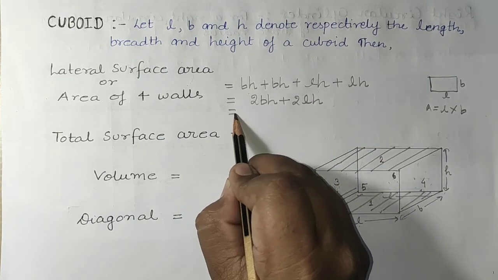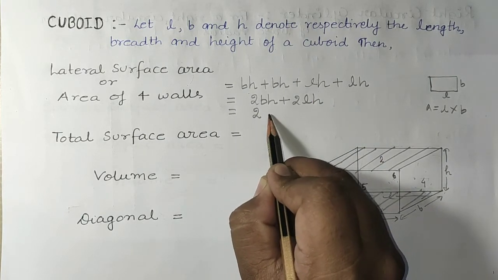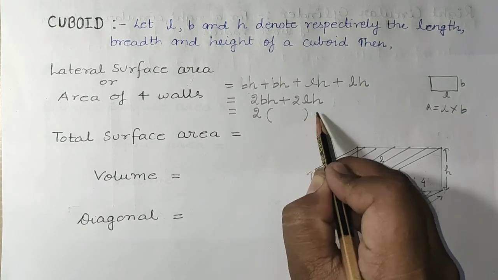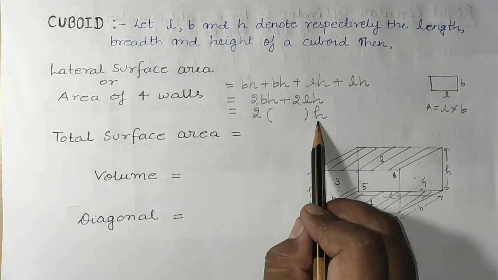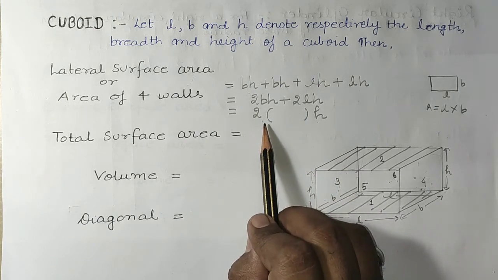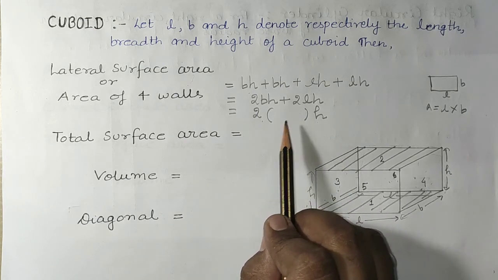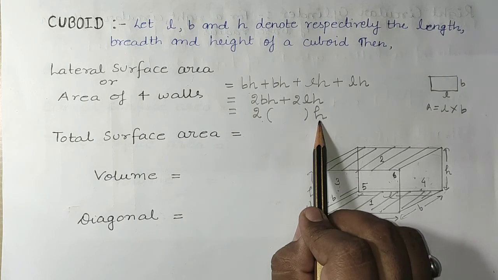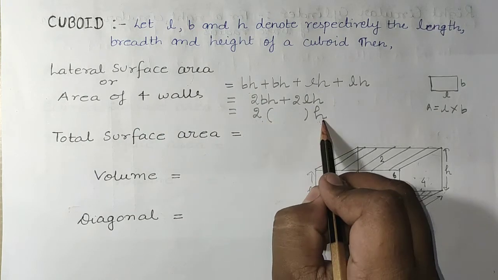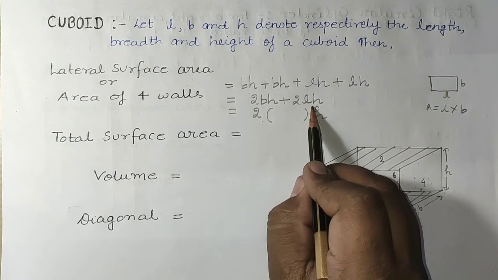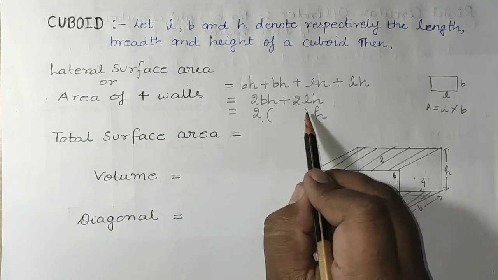If we take common 2 and h, we can write it here also, but to write the formula in the proper form I have written it just here. It will make no difference. So if we take 2h common in these two, what will be left here?